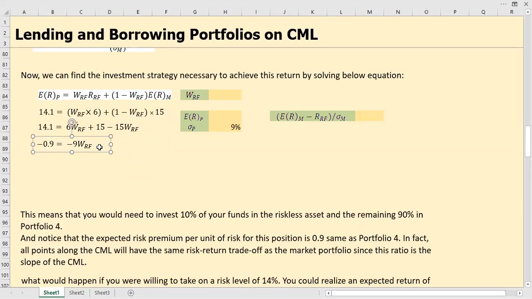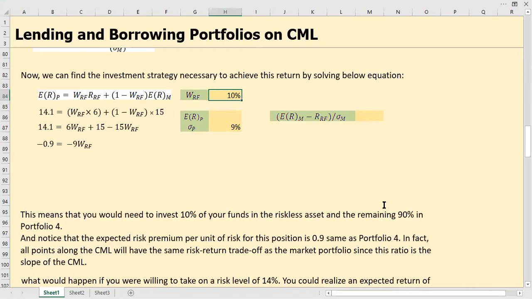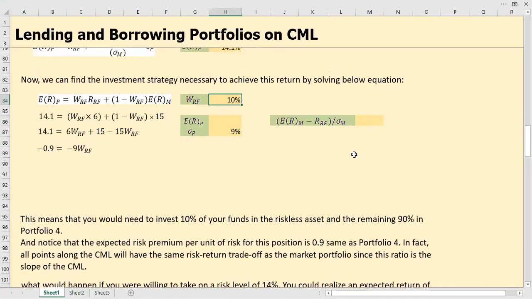All you have to do is divide negative 0.9 by negative 9. So you get 0.1, that means it is 10%. So this is what we calculate.